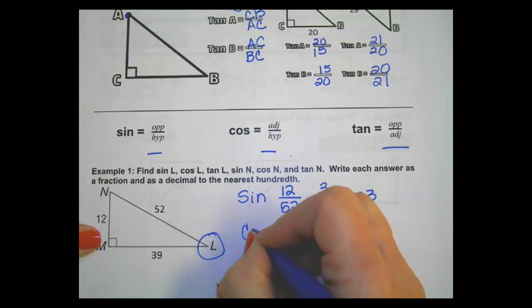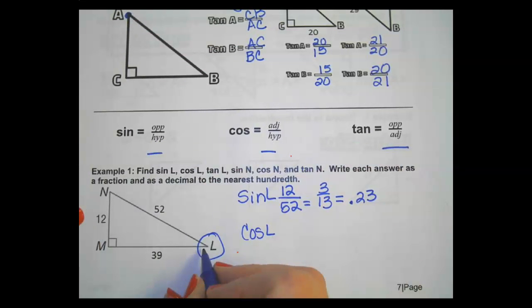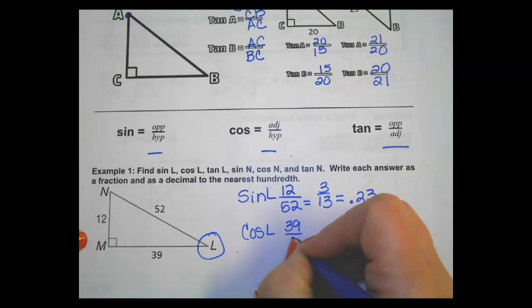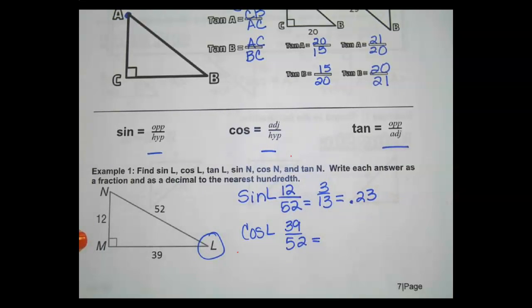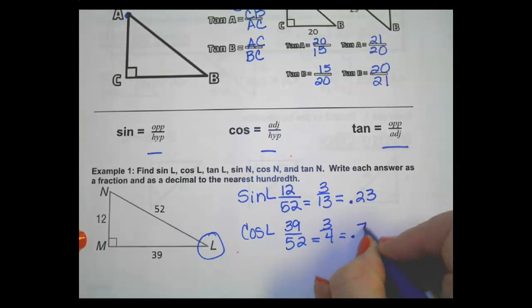Cosine of L is my adjacent, which is 39, over my hypotenuse, which is 52. See if that can be simplified: 3/4. Hopefully you know what that is as a decimal.